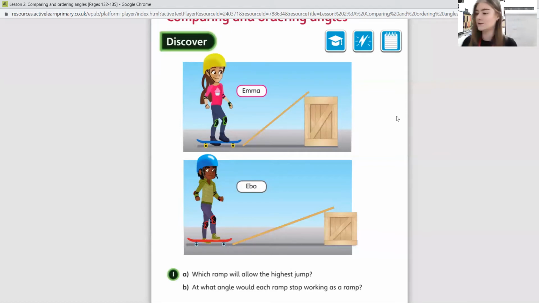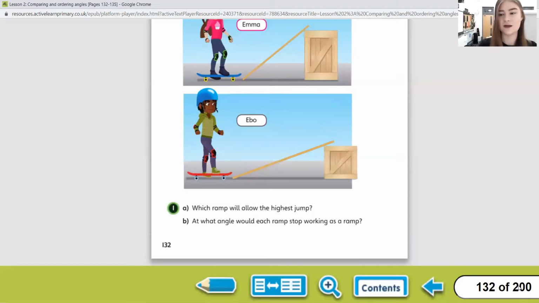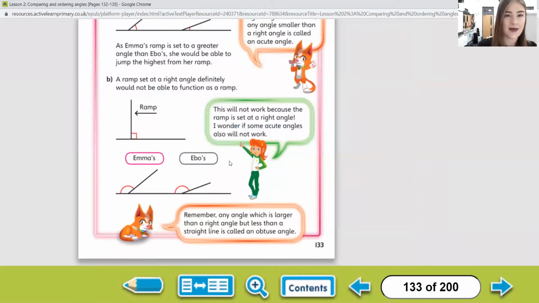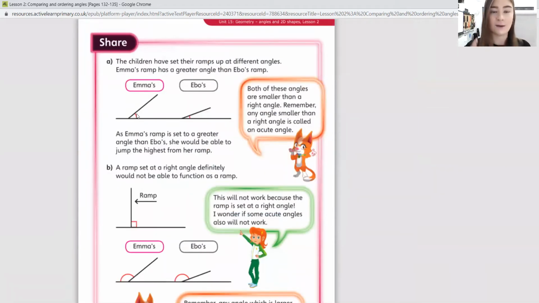Okay, so on the share screen, it goes through those answers, but it also shows us a bit of further learning. So we can see here that A is showing us the ramps as a drawing, as an angle that we see mathematically. And so Emma's ramp is larger than Evo's, so it will give you a higher jump.